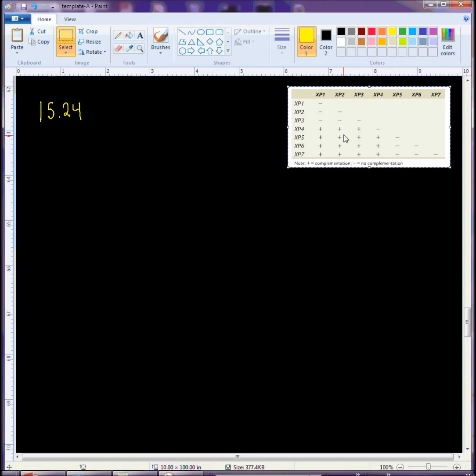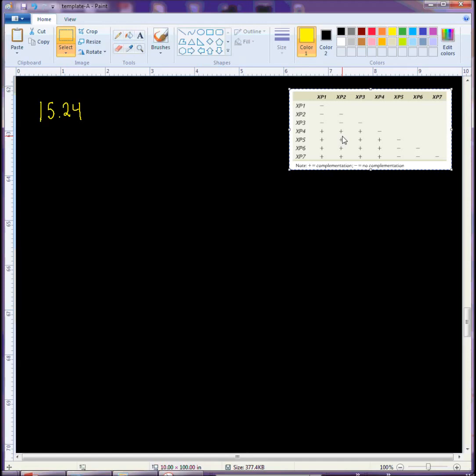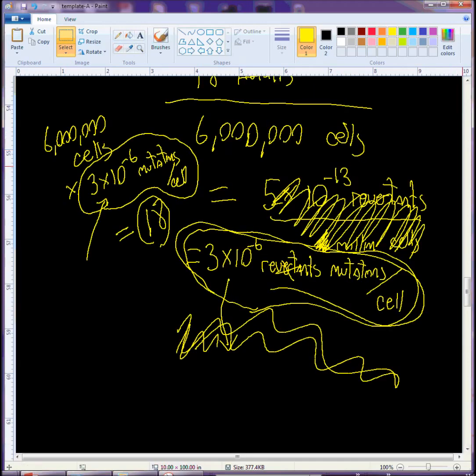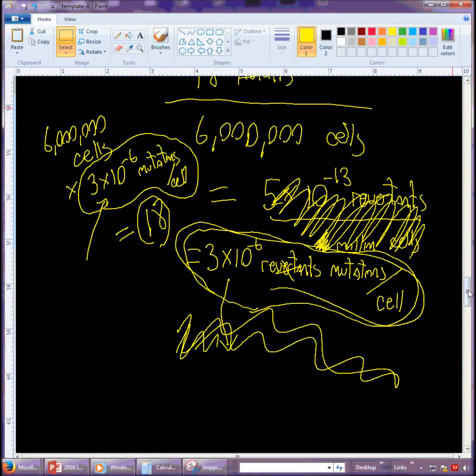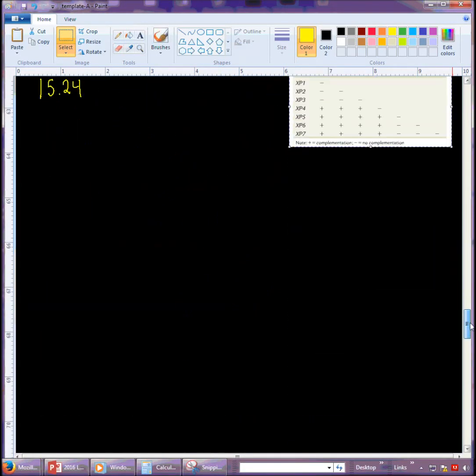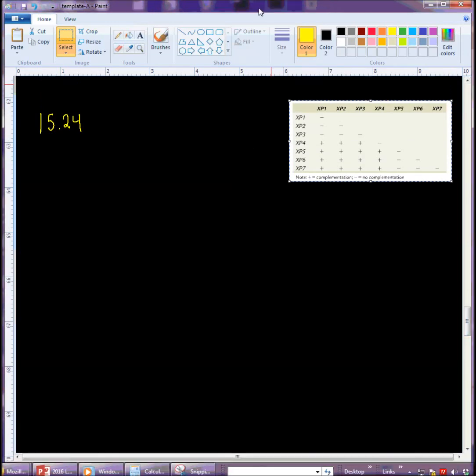Again, here's a table of what we'll need to understand the problem. Okay, presented here are hypothetical findings from studies of heterokaryons formed from 7 human xeroderma pigmentosum cell strains. So 7 different patients.